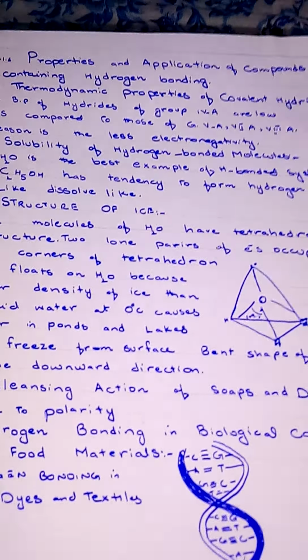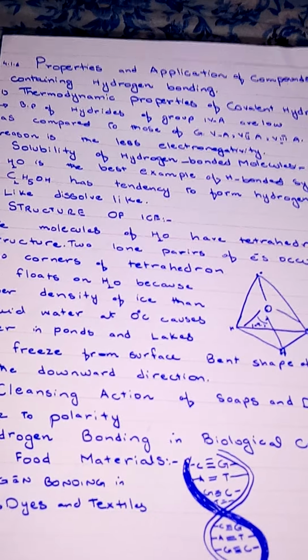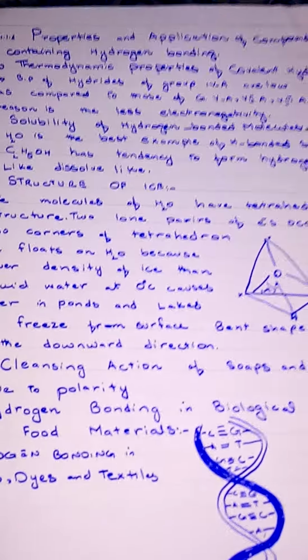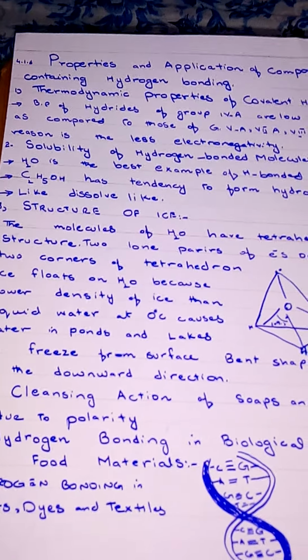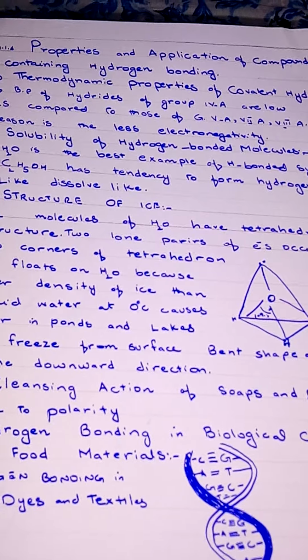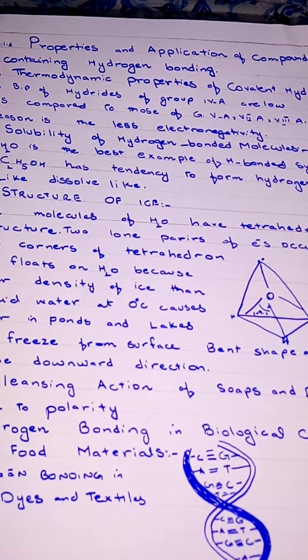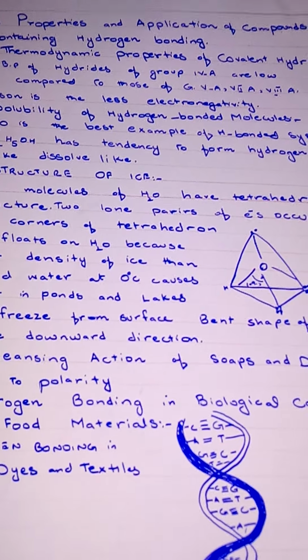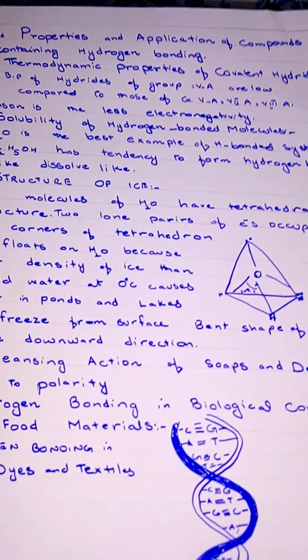This is very important. The structure of ice is just like that of diamond, because each atom of carbon in diamond is at the center of a tetrahedron, just like the oxygen atom of water. The lower density of ice than liquid water at 0 degrees centigrade causes water in ponds and lakes to freeze from the surface downward.